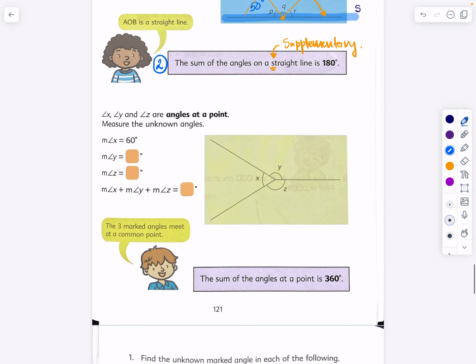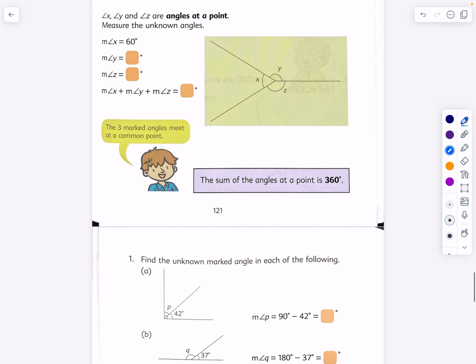And finally, the third important theorem is when we are working with angles that are all starting from a common vertex. Let me label it with a black marker. Angles X, Y, and Z are all angles at a point. What does it mean to be an angle at a point?